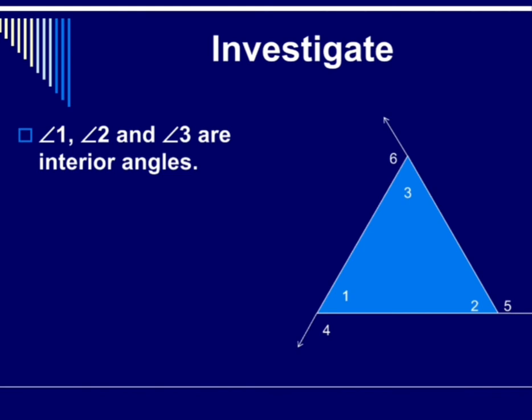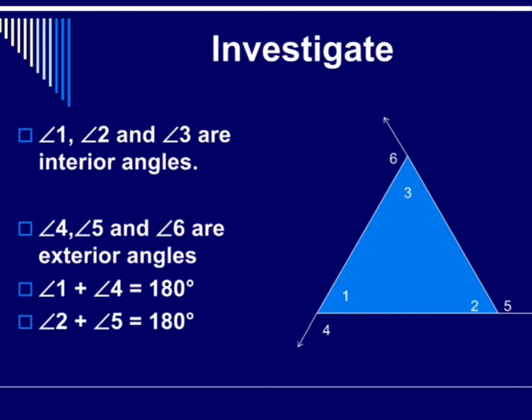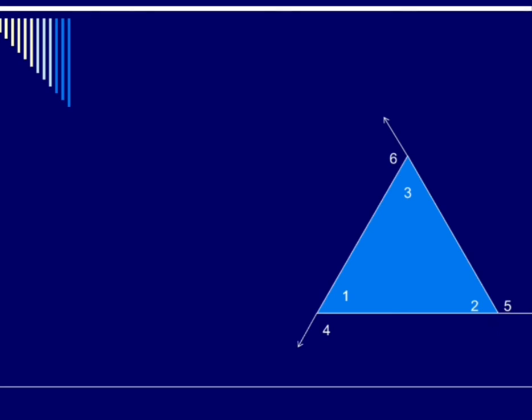1, 2, 3 are our interior angles. 4, 5, 6 are exterior angles. 1 plus 4 equals 180. 2 plus 5 equals 180. 3 and 6 equal 180.